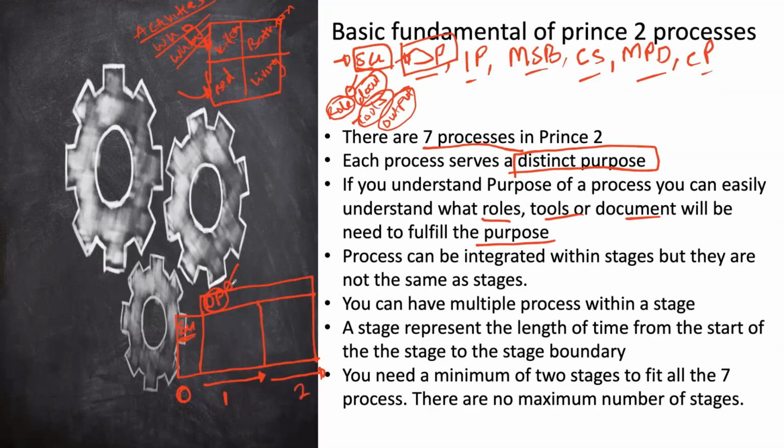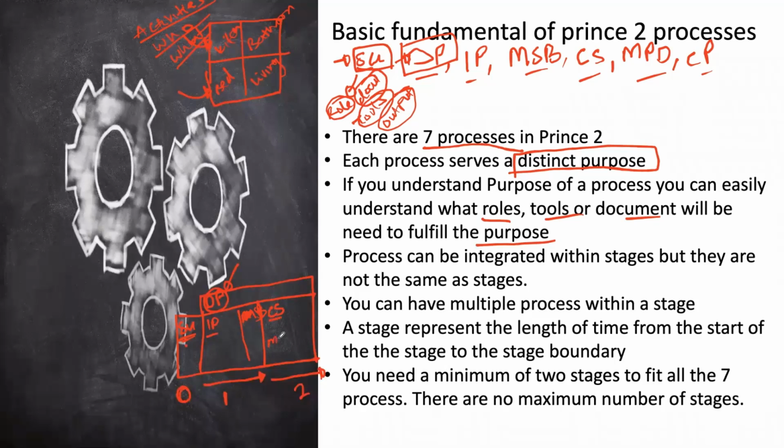Within these 2 stages, we can fit all the other processes: our initiating a project process and our managing stage boundary, MSB. So far we have 4, because SU is not a stage and DP is not a stage. So we now have 4 processes in stage 1. In stage 2, we have our controlling a stage, that's another process.